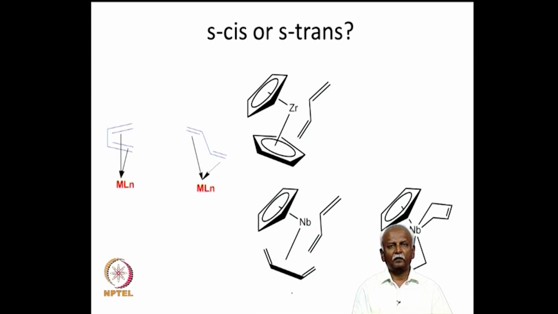We will take a look at the 3D structure if time permits, but there are a few complexes where both the trans geometry and the cis geometry are coexistent on a metal atom. This is very common when you have a very early transition metal. So, in the early transition metals, this type of interaction is common. You have the trans geometry of butadiene interacting with the metal atom.